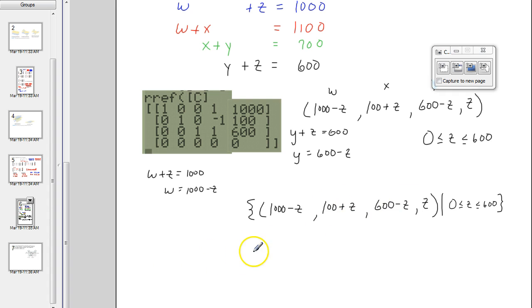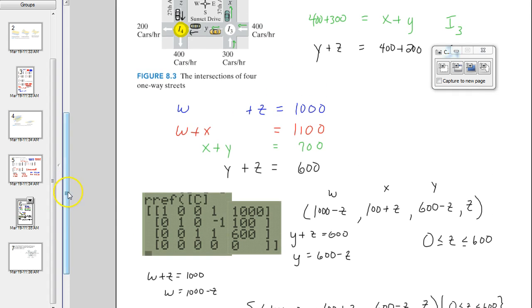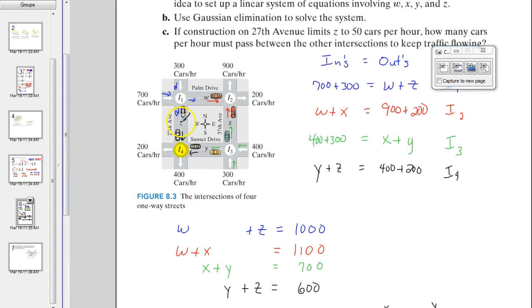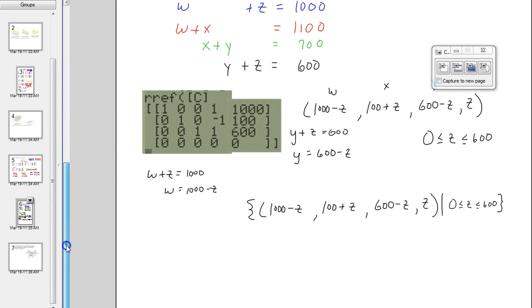Alright, and some of the types of questions you'd be asked here is, what would the flow rate be if there were 200 cars per hour on that little highway Z?